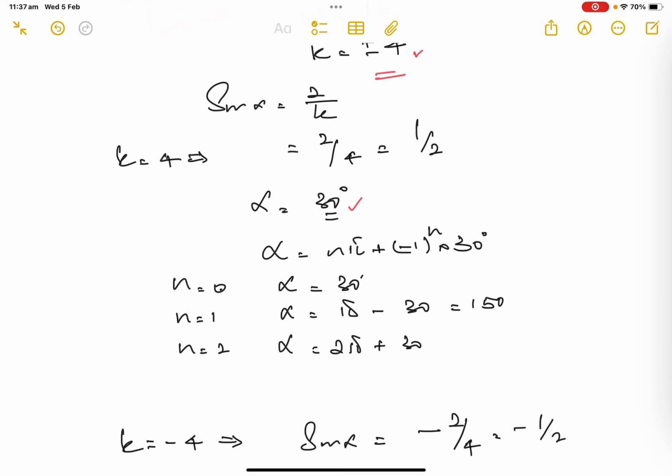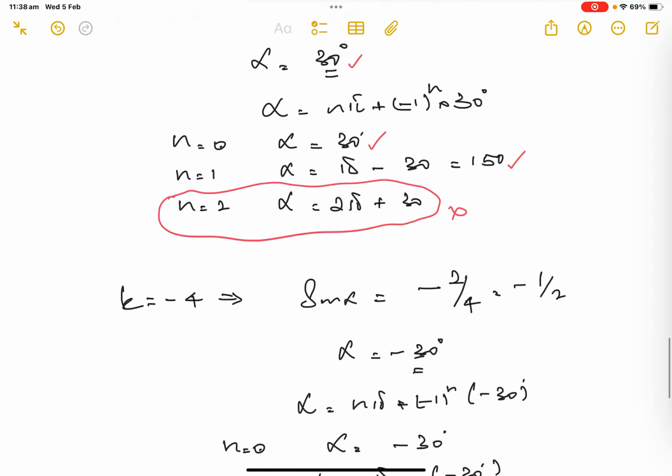Using the general form, minus 1 to the n times 30, the principal value. So n equals 0, 30, which we already know. N equals 1 gives us pi minus 30, 180 minus 30, 150. Then n equals 2, 2 pi, is out of range. So these two values, 30 and 150.